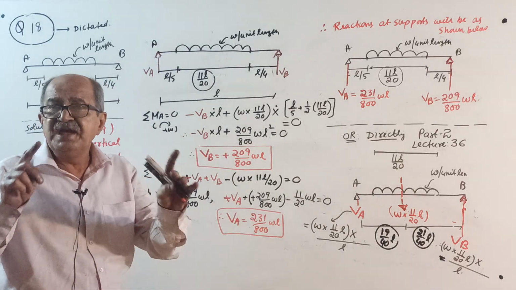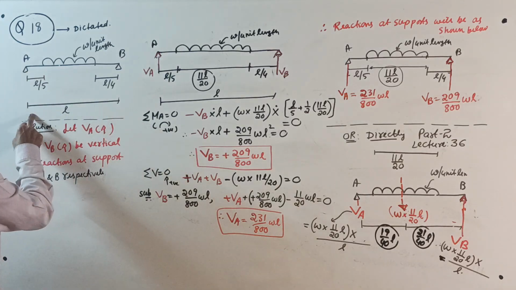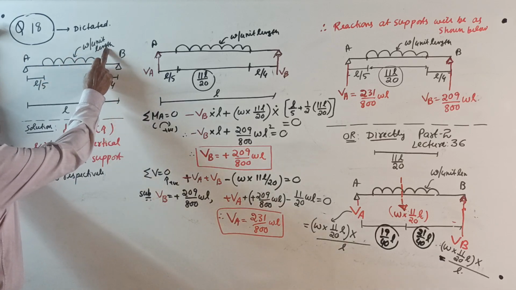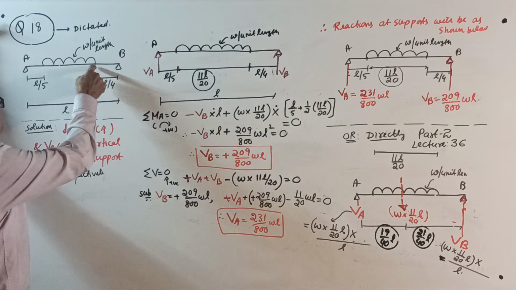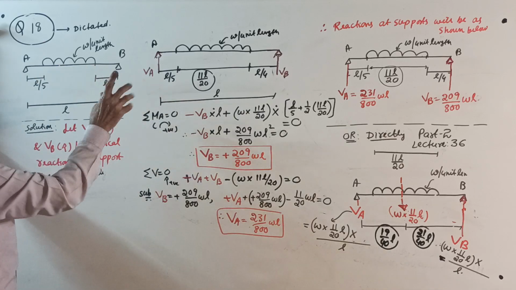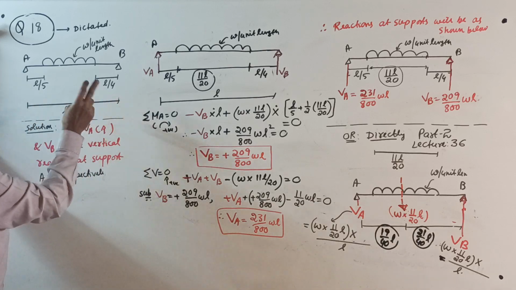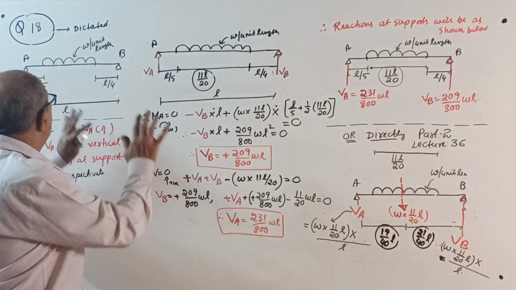So, once again I read the question. A simply supported beam of span L is loaded by a UDL of W per unit length, which starts at L by 5 from left end and ends at L by 4 from right end. So, not symmetrical. Okay. Any number can be given in terms of L. Find support reactions.